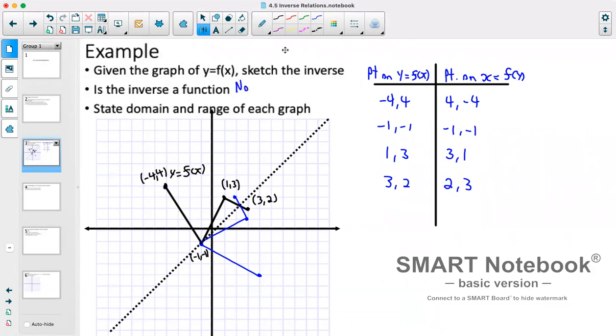Now state the domain and range of each. For the original, our domain went from -4 to +3. On our range, we went from -1 to +4.